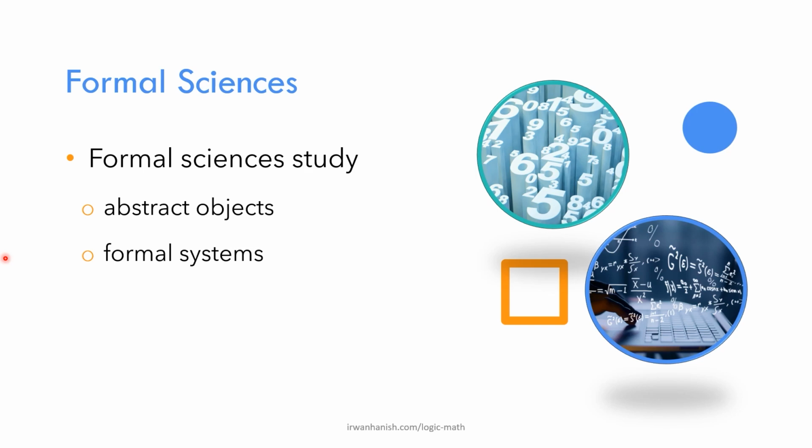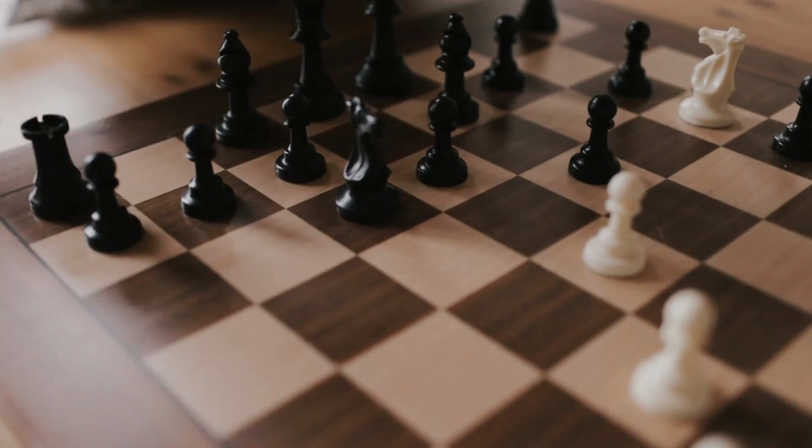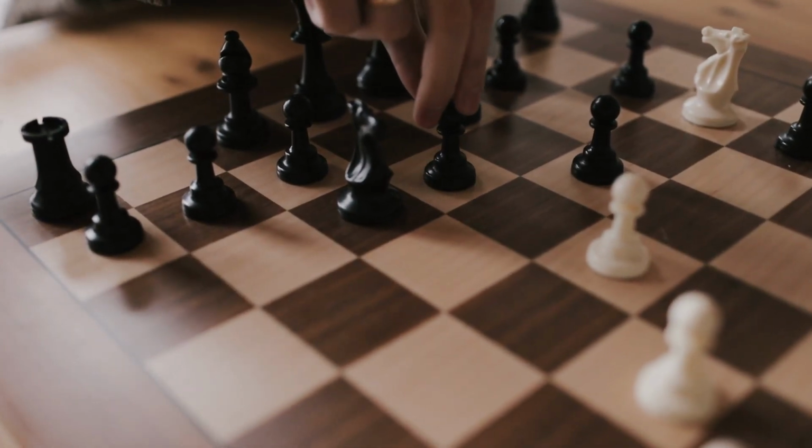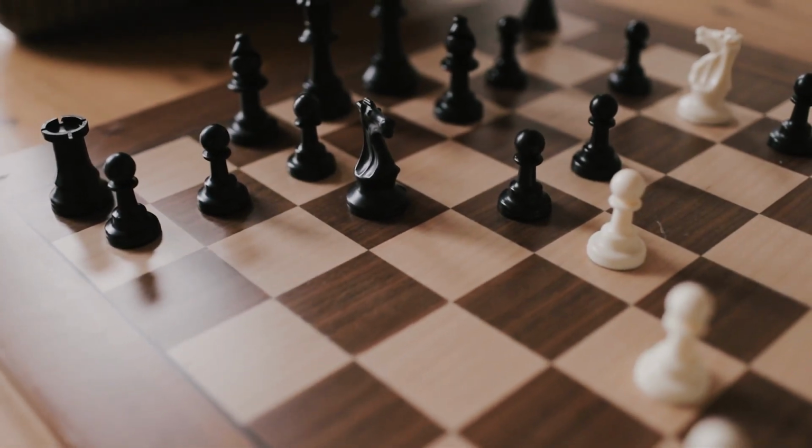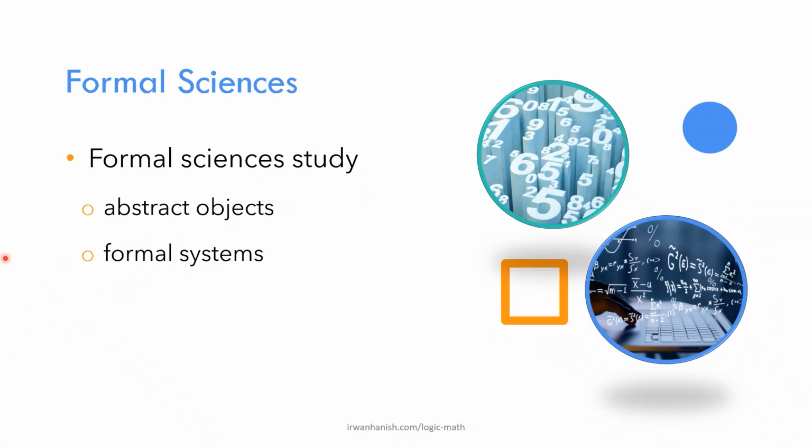So I tell you how I think about this. Imagine you've got a chessboard in front of you, yeah? Empirical science is when you study the chess pieces like bishops and knights as natural objects. You measure their physical sizes. You chemically analyze whether they are made of wood or glass. So that's empirical science. Formal science is when you study chess pieces as abstract objects, as conceptual objects.